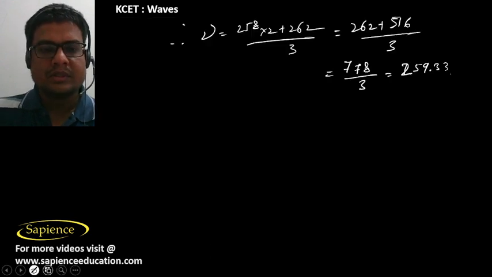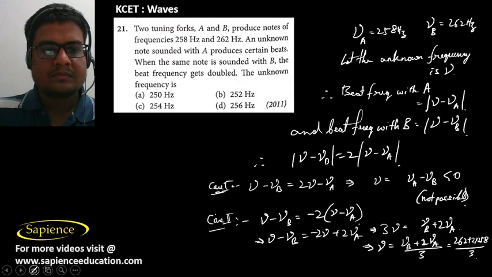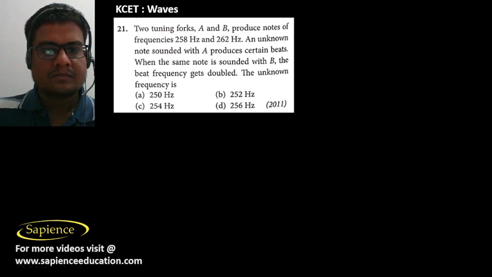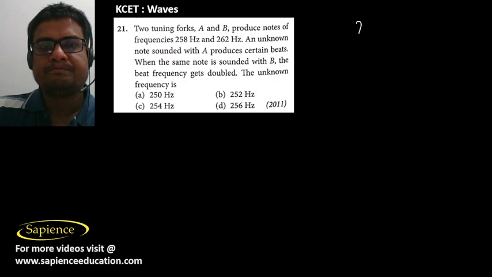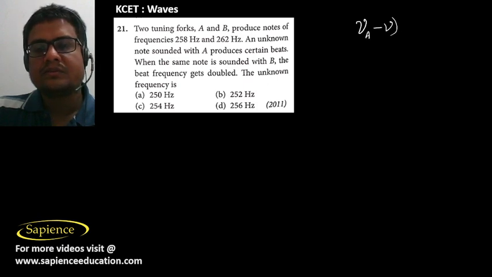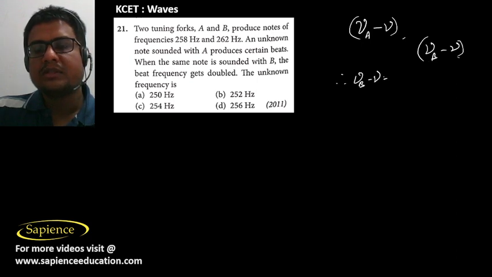So it means the beat frequency with A can be nu A minus nu, and the beat frequency with B can be nu B minus nu. Now therefore nu B minus nu can be equal to twice of nu A minus nu.